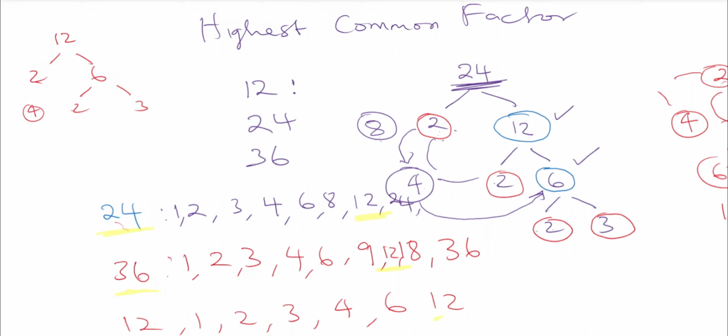And I can see 12 here. So it tells me that the HCF for 12, 24, and 36 is actually 12. That's how you find the highest common factor.